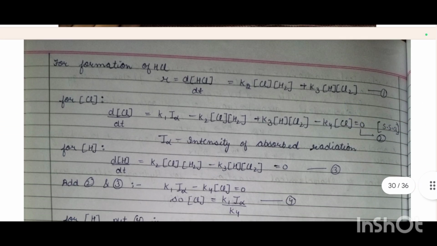For the formation of HCl, R = d[HCl]/dt = k2[Cl][H2] + k3[H][Cl2].